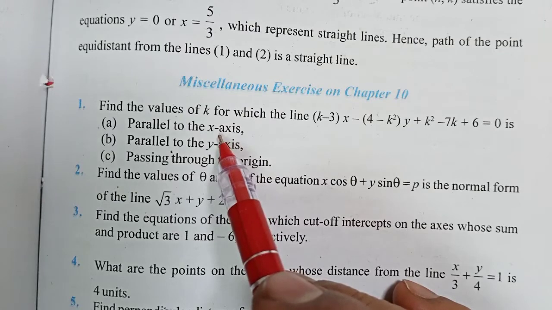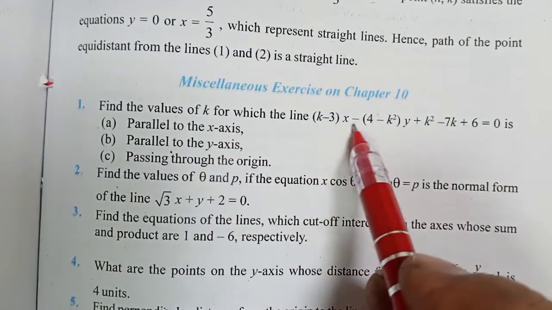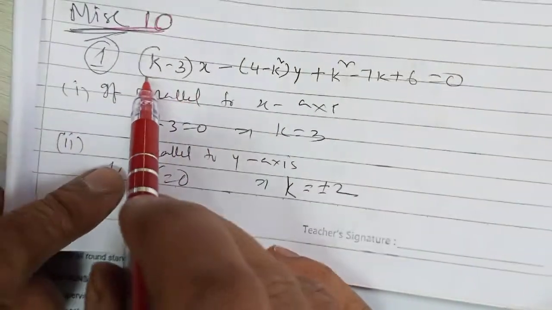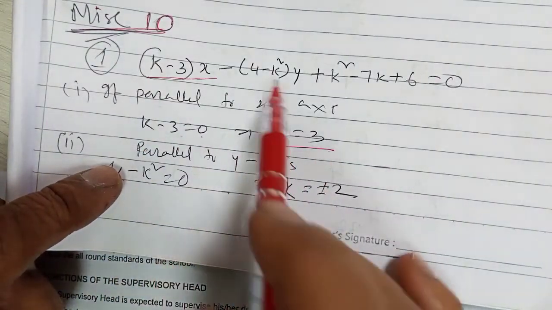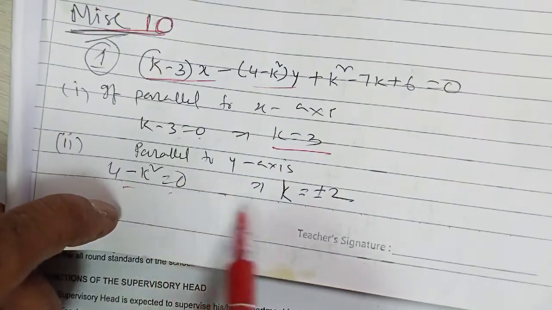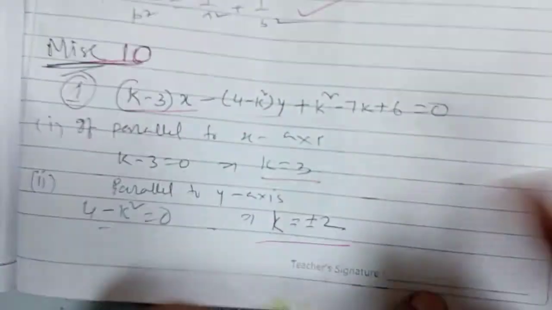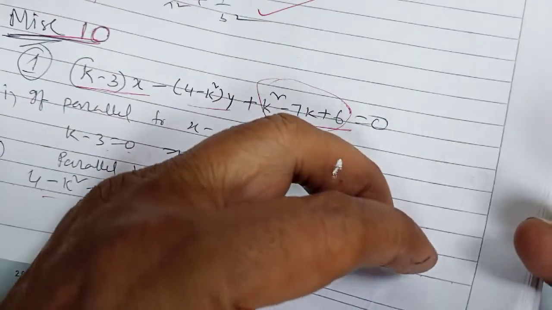If it is parallel to the x-axis, the coefficient of x will be 0, then the value of k is coming. Which means this coefficient of x will be 0, then k minus 3 becomes 0, k is coming 3. If parallel to the y-axis, the coefficient of y becomes 0, then k is coming plus or minus 2. And next, if it passes through the origin, the constant will be 0.